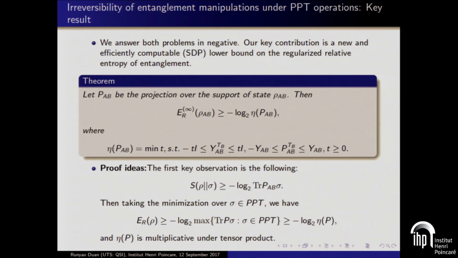It's monotone under this CPTP map. So we use this property, and then we take the minimization over all PPT states sigma.